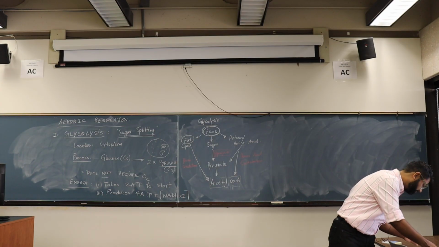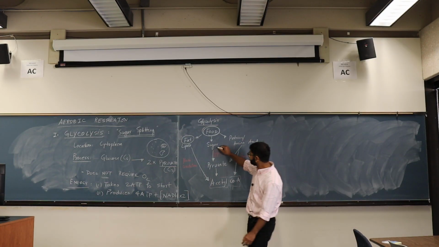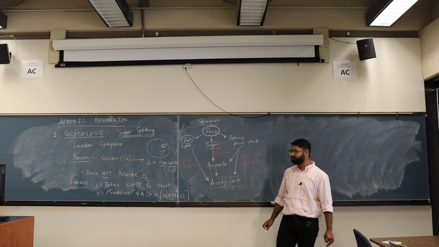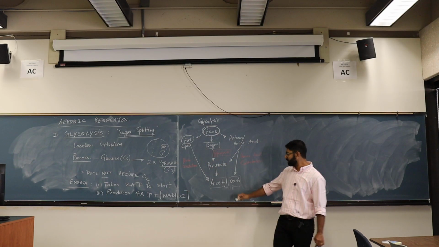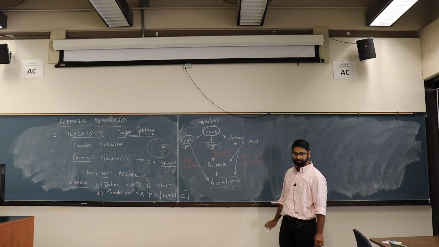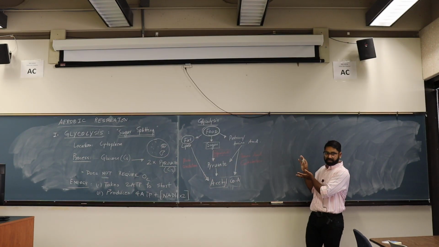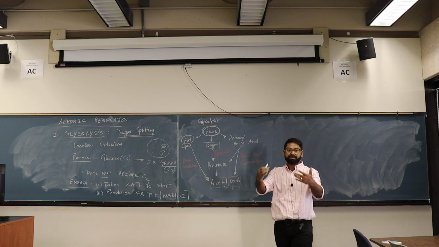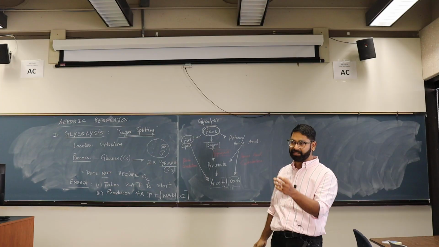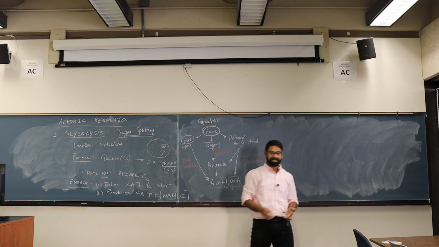And you can see that the breakdown has already started to happen. So you had this 6-carbon sugar, you started to get the pyruvate, which is a 3 carbon, and then from this pyruvate we get acetyl CoA. And this acetyl CoA becomes the fodder for another step in the aerobic respiration called the Krebs cycle, but we'll get into that. So in this glycolysis, sugar to pyruvate, let's dig a little bit deeper.